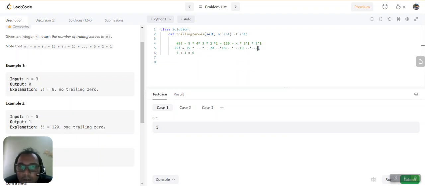Let's count: here we have 1, 2, 3, 4, and here we have 2, which is 6. So there would be 6 zeros in 25 factorial. I'll leave it commented for the future, and we'll remove this. Based on this theory, we'll approach our answer.